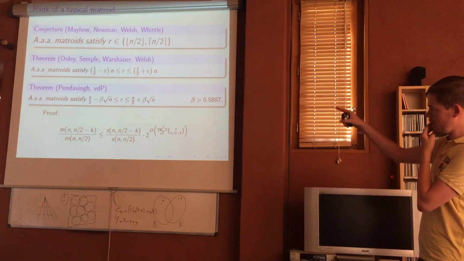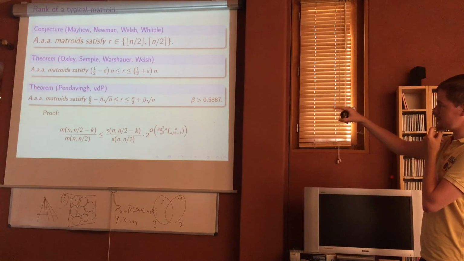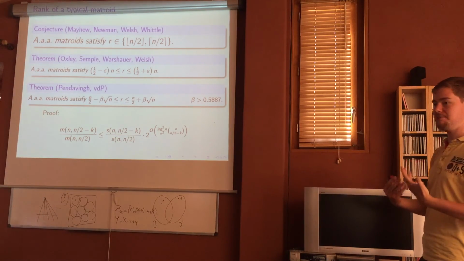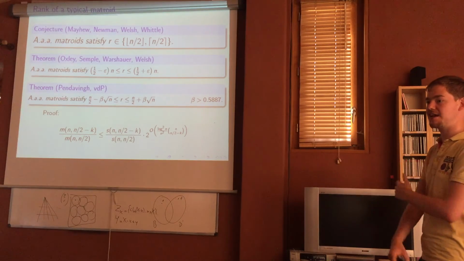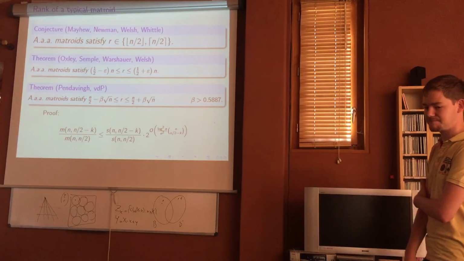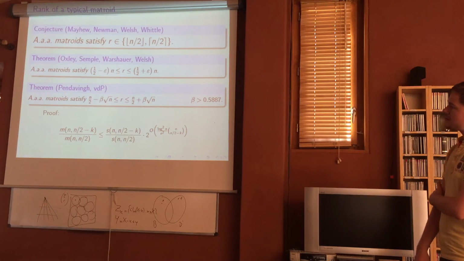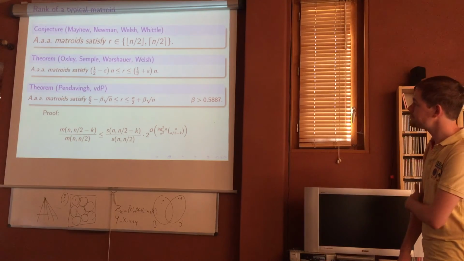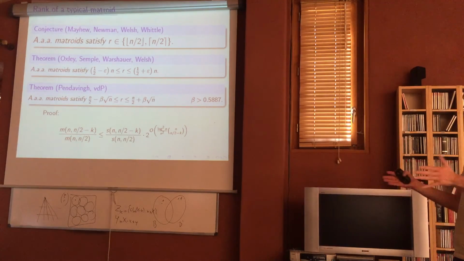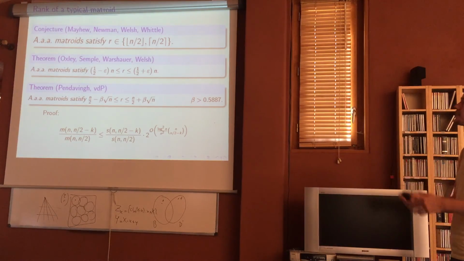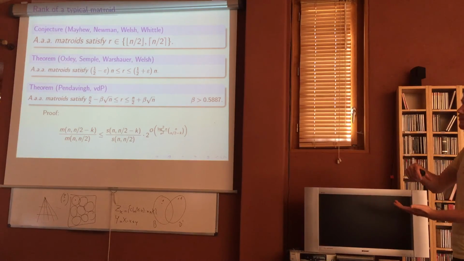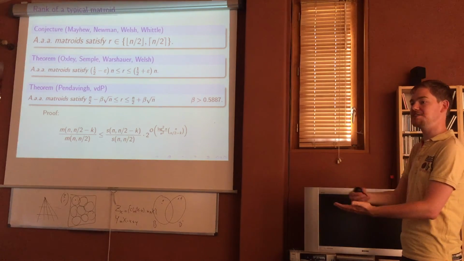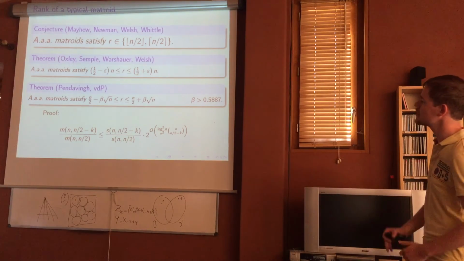The first result that I know of is due to Oxley, Semple, Welsh, who show that you can be off by some epsilon fraction of n. So this kind of tightens the bounds, right? It shows that most matroids have rank close to n over 2, but not quite equal to n over 2.